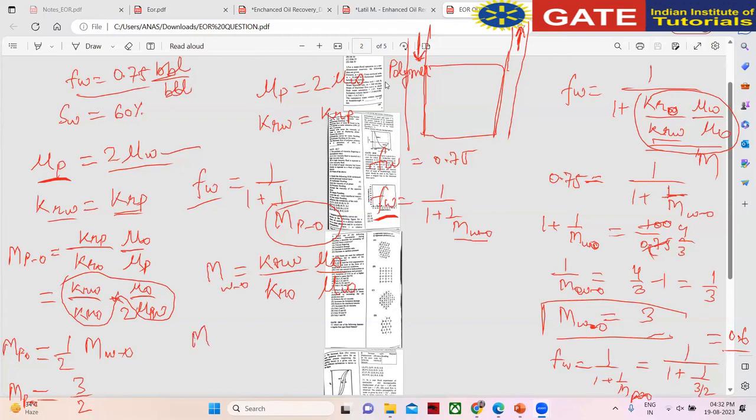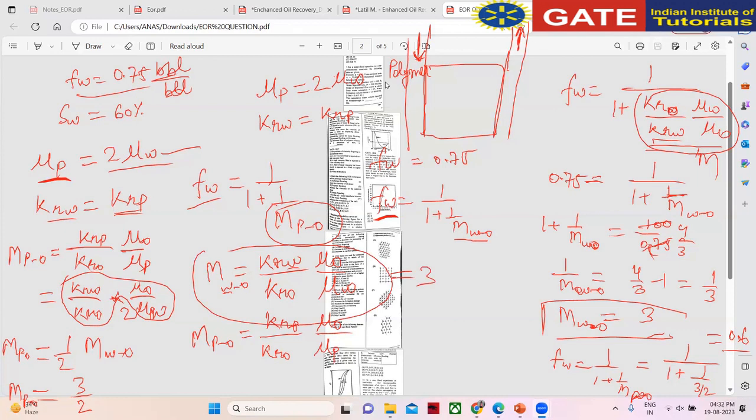Then you write the polymer-oil mobility ratio, replacing the water subscript with polymer: KRP, KRO, mu O and mu P. This value you calculate, and the value is 3.